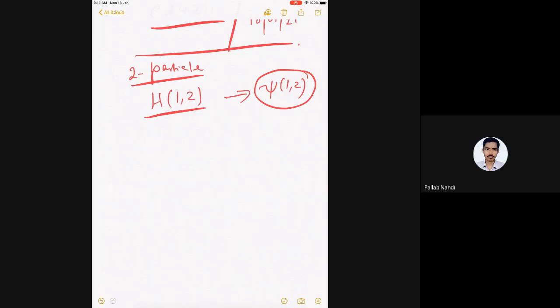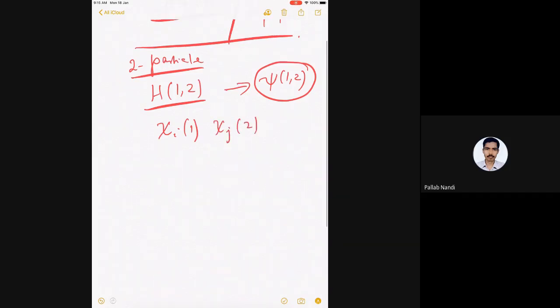If it is interacting, we still don't know how to write the wave function. But let's assume that we still write the wave function in terms of spin orbitals, with one electron in spin orbital chi i, and another electron in spin orbital chi j.